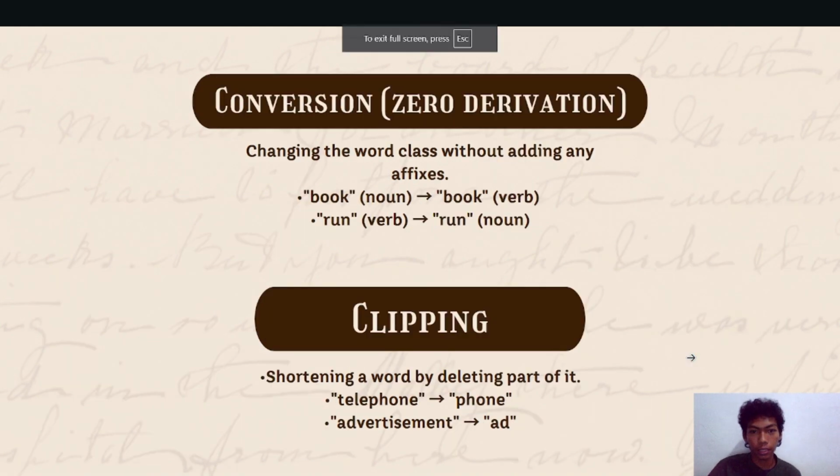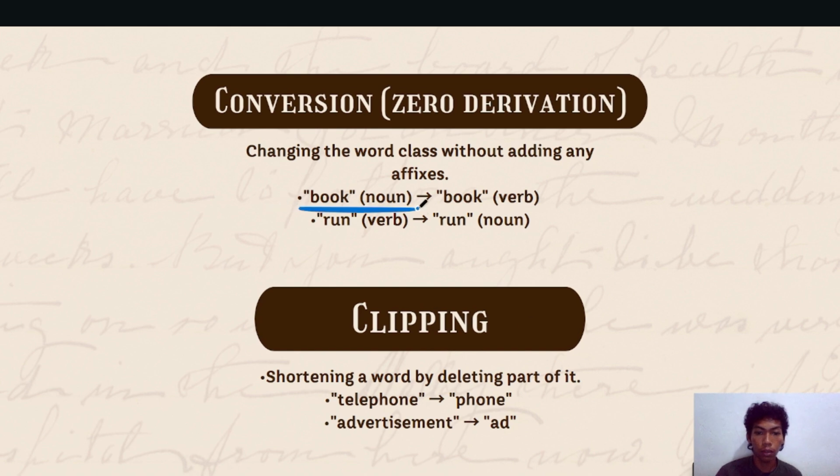Okay, next is conversion, also known as zero derivation. This is when a word changes its class without adding anything. What I mean by not adding anything is we don't add a prefix or suffix. For example, book.